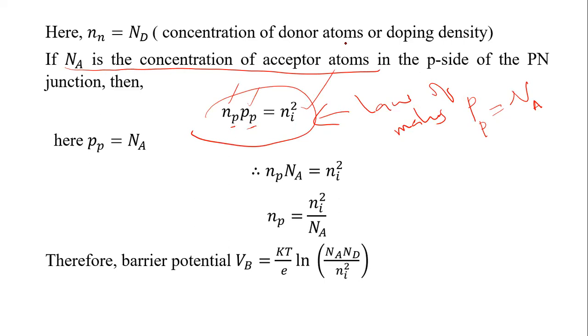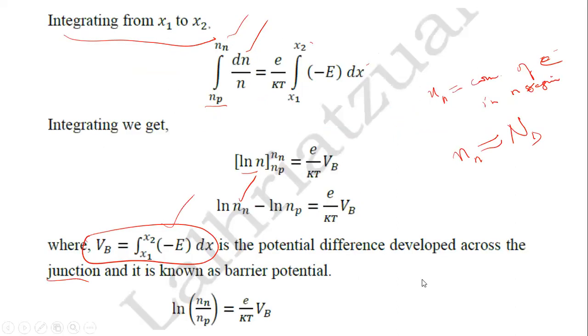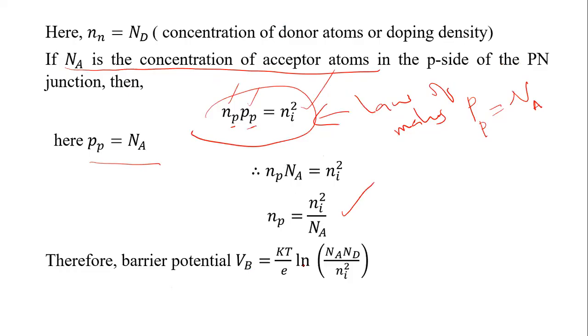So we can denote Pp like this, then Np can be written like this. If you put the Np value and the Nn value into this relation, this is what you will get as the barrier potential. Okay, so this is the potential difference that develops across the p-n junction.